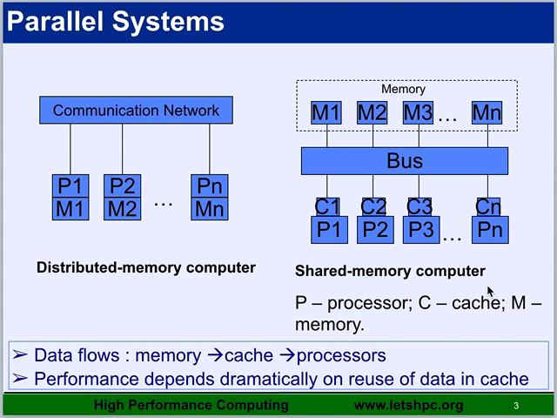If you look into a shared memory computer, the main feature of this kind of machine is the shared address space. You can see there is a common data space that is accessible to all processors.